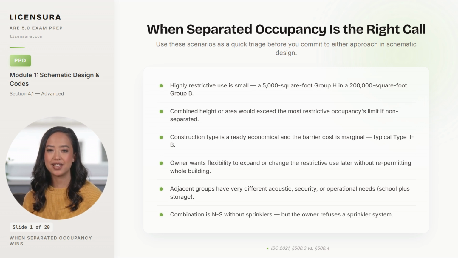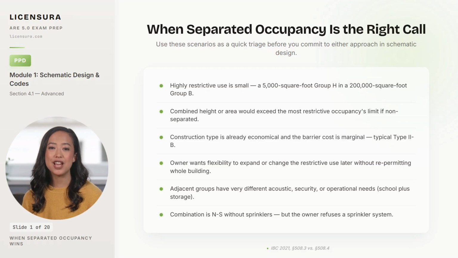The second test is whether combined height or area would bust the most restrictive limit if you went non-separated. If yes, separation is mandatory in practice. The third is cost. If you're building Type 2B already, adding a 1-hour barrier is a marginal upcharge. The fourth is owner intent. If they want to convert the restrictive use later without re-permitting the whole shell, a barrier preserves that optionality.